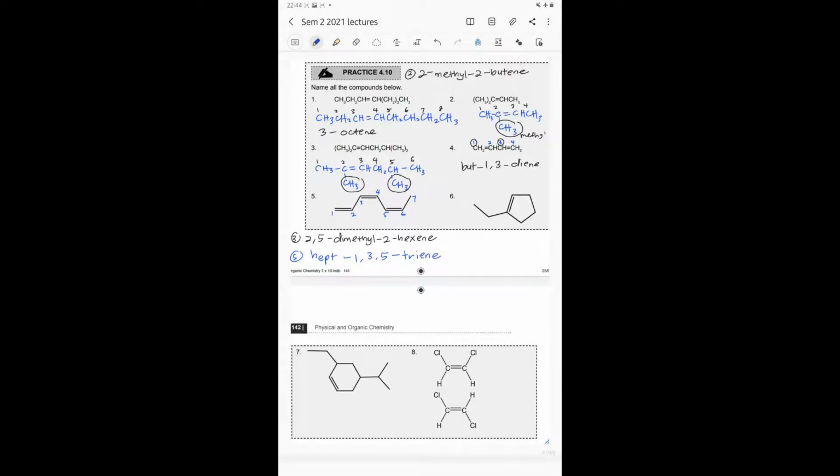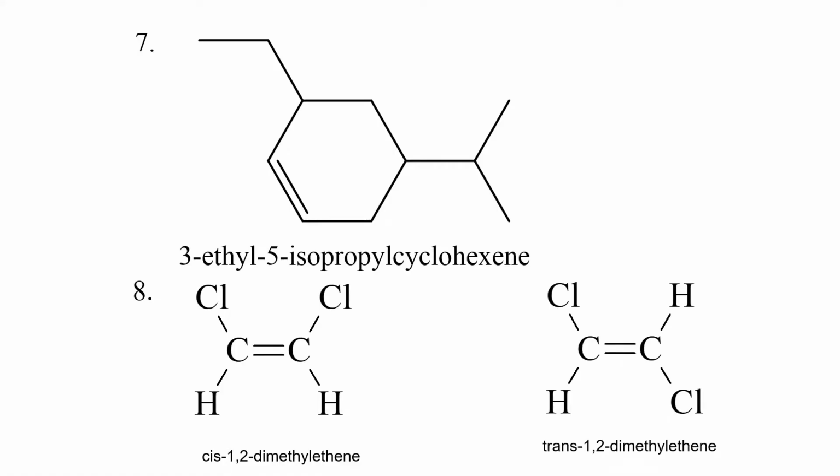Number 6. We cannot choose this part as the parent because we have only 2 carbons here. Therefore, this will be the substituent called ethyl. And the parent will be here, which is the cyclopentene. Which one is carbon number 1 in cyclopentene? In cyclopentene, we should give the lowest number to the substituent. For this compound, the longest chain is cyclohexene.